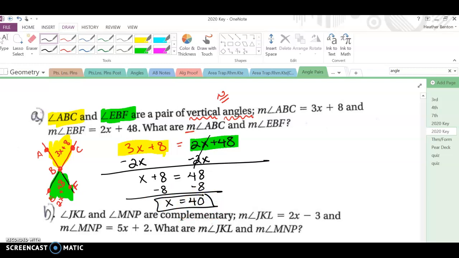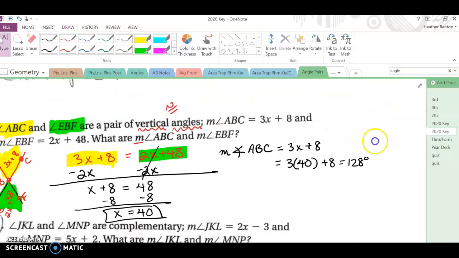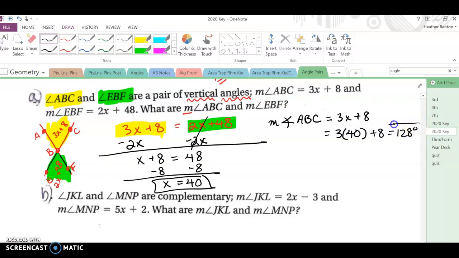But wait, there's more, because we were supposed to be finding the measure of angle ABC. So I'm going to have to plug that back in. The measure of angle ABC is 3x plus 8, so that's going to be 3 times 40, which is 120, plus 8 would be 128. Man, I should have drawn my angles obtuse instead of acute.